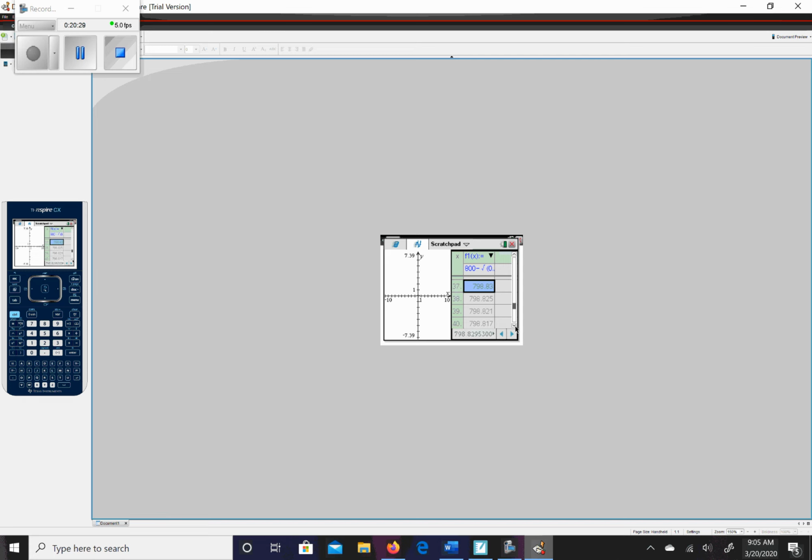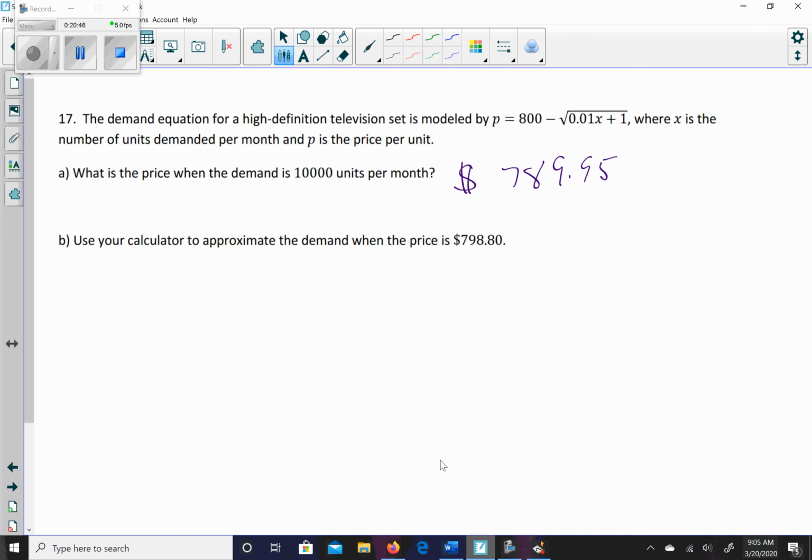Getting closer. Right here, $798.80 would be 44 units. So then I'm going to go back here and say, so 44 units.